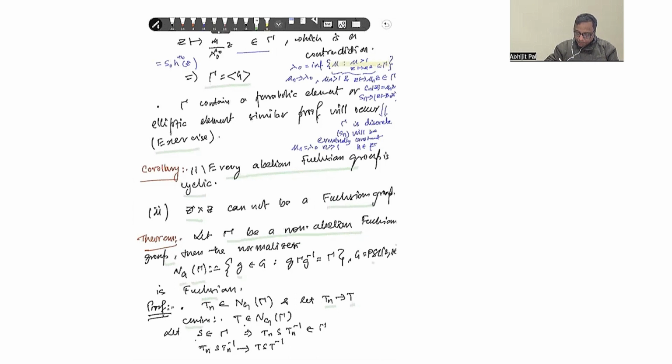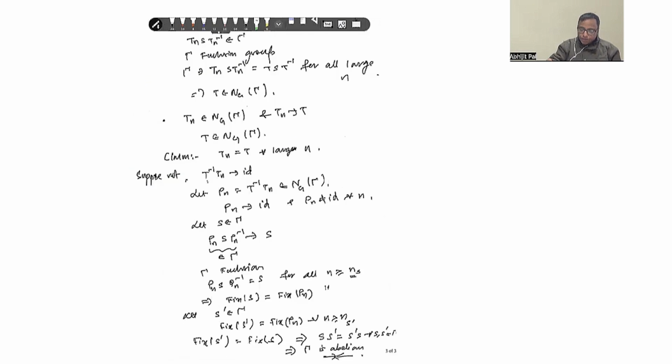So let us take any S belongs to gamma. Tn belongs to the normalizer of gamma, so Tn S Tn inverse again belongs to gamma. Tn converges to T, so that will imply that Tn S Tn inverse will converge to T S T inverse. This is very easy to verify.